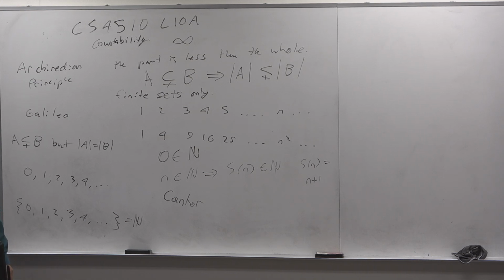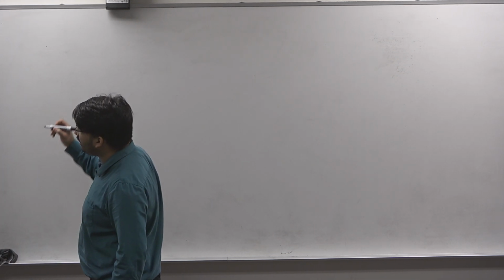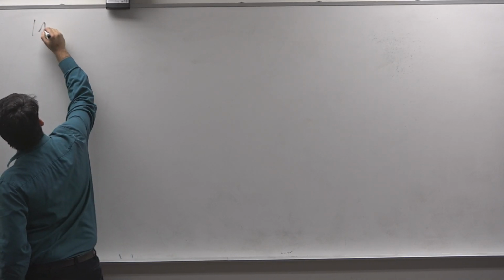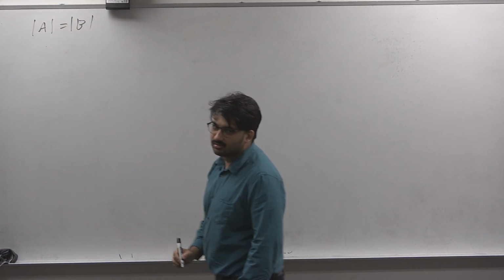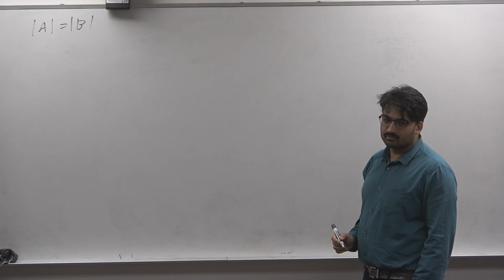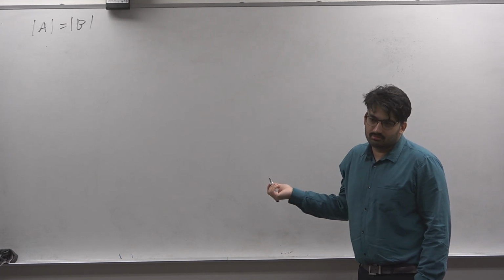Right. So first off, what does it mean for a set to have cardinality? So Galileo here, how do we know two sets are the same size? How do we know in the finite way, if A and B are finite, that they have the same number of elements? You count the number of elements? Yeah, I suppose.